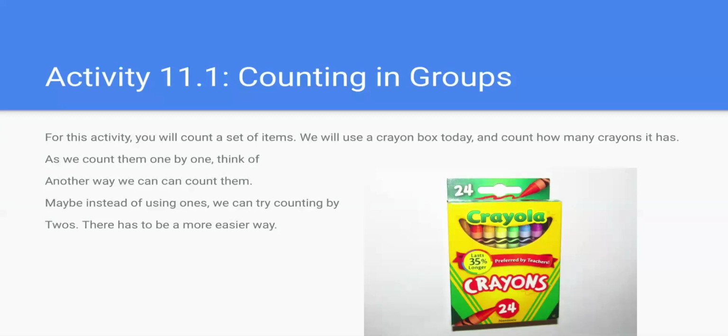You can get crayons and group them by twos until you have all the crayons in the box grouped together. Then you will be counting 2, 4, 6, 8, and etc. But there probably is an easier way to group the box of crayons, which we will find out.